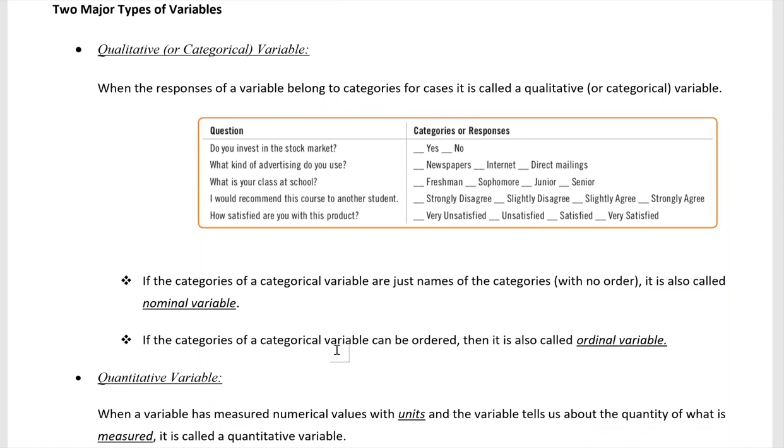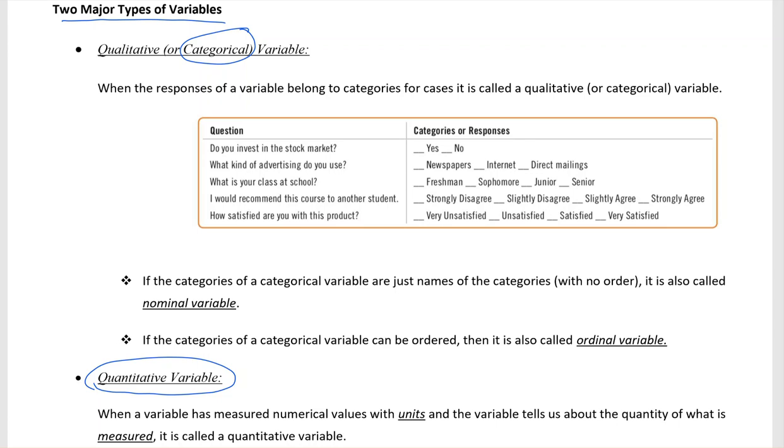All right, okay, so let's talk about two major types of variables. First we'll talk about qualitative, or normally we call it categorical variable. Another type is called the quantitative variable. One is qualitative variable, one is quantitative variable.